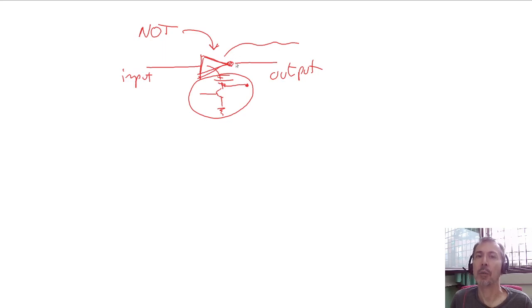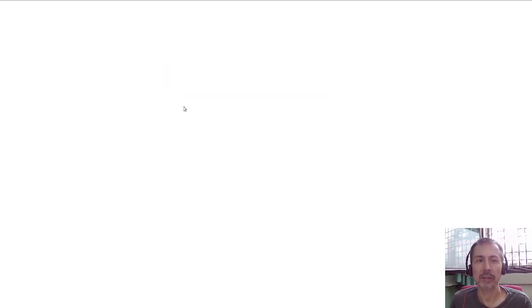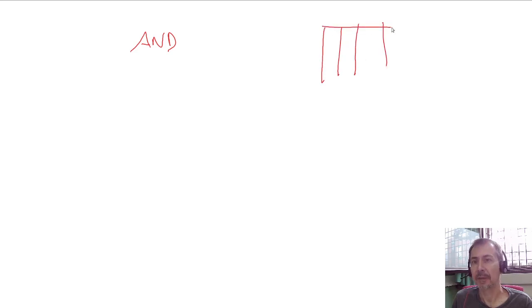gates. I want to show you an example of another gate so you can understand a little better how this works. For example, we're going to build an AND gate. The AND gate has two inputs and one output. Remember the AND truth table is this.